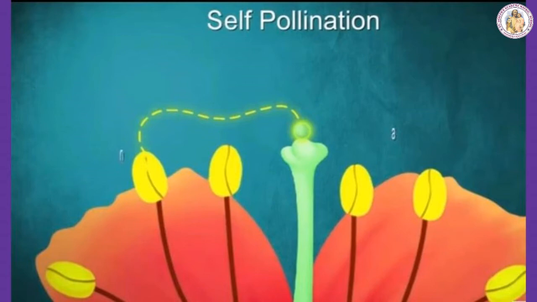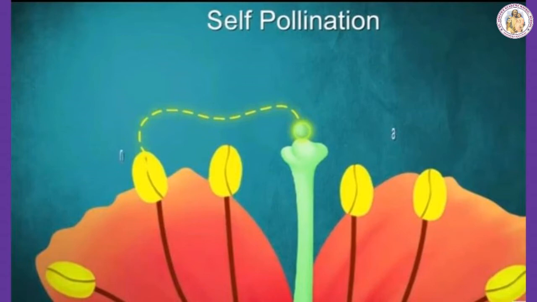Why is self-pollination good or bad? Those are the advantages and disadvantages of self-pollination. Self-pollination is possible in bisexual flowers. It does not depend on agents of pollination. There is no wastage of pollen grains, because pollination happens within the flower itself.